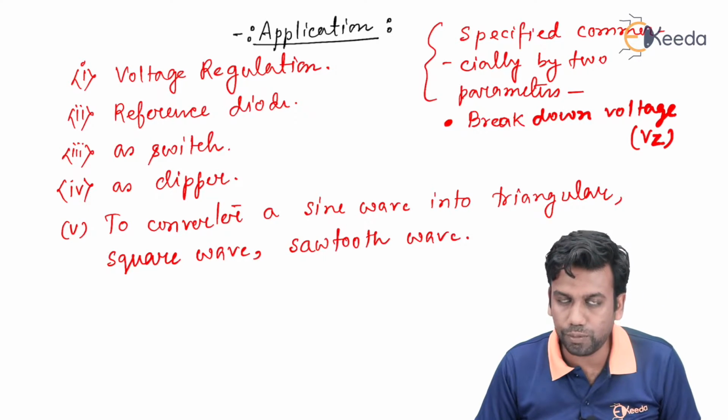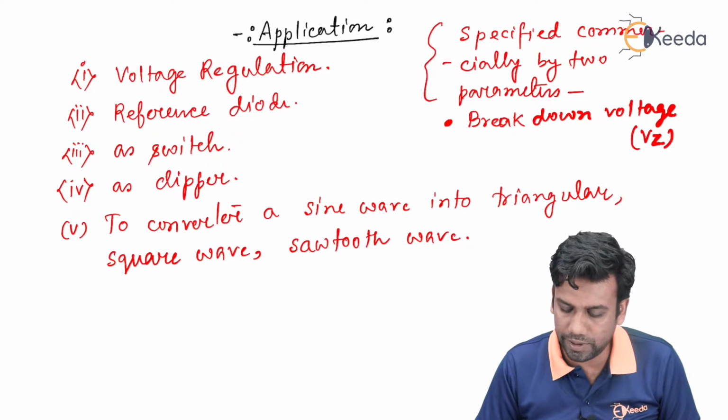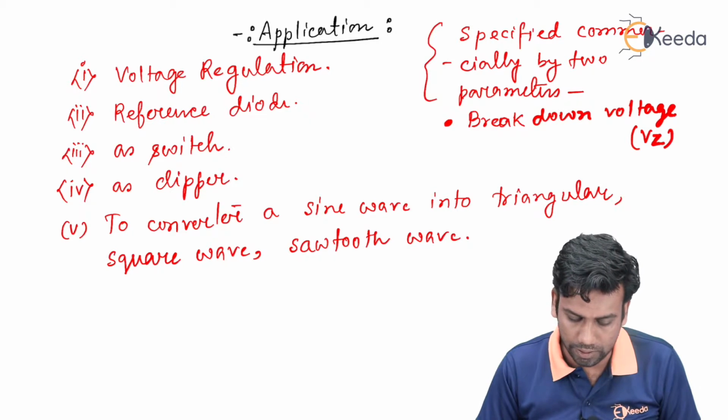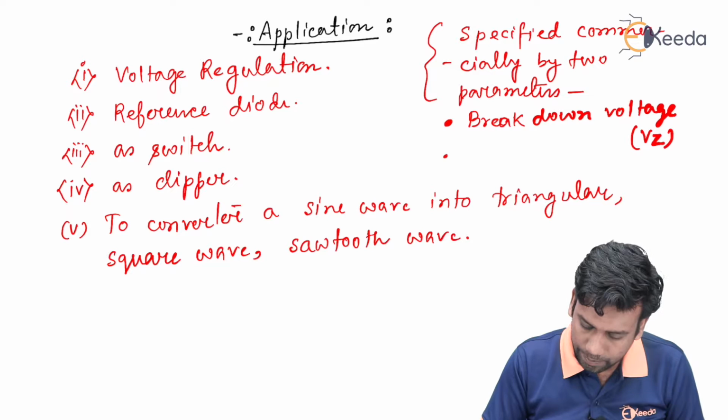When buying a Zener diode, we have to specify which breakdown voltage will be needed for our application. And the second parameter is the maximum power dissipation of the Zener diode.